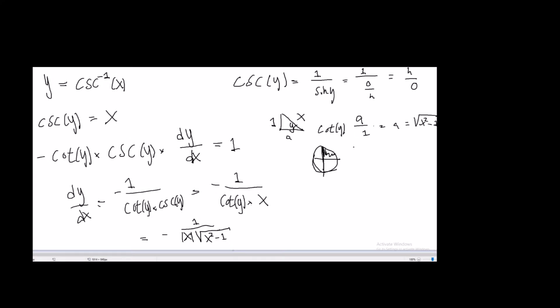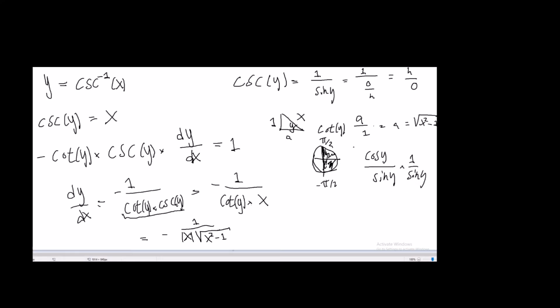Say the minimum of sine is -1 and the maximum of sine is 1, but that would correspond to the angles pi halves and negative pi halves, which is just this half of the unit circle. And at one point in our equation, we had cotangent of y multiplied by cosecant of y, and that's just the same thing as cosine of y divided by sine of y multiplied by 1 over sine of y.